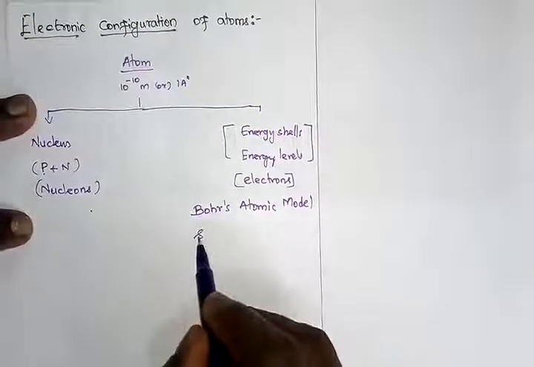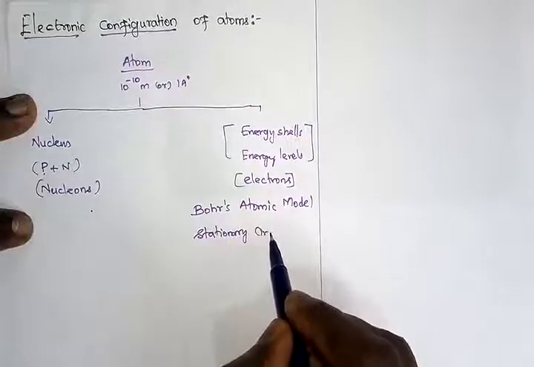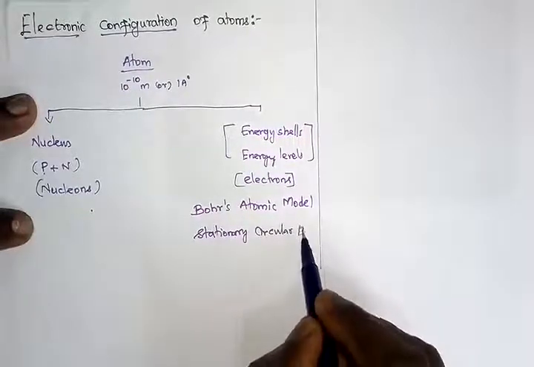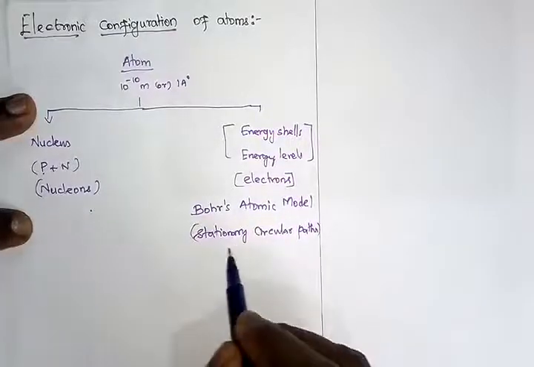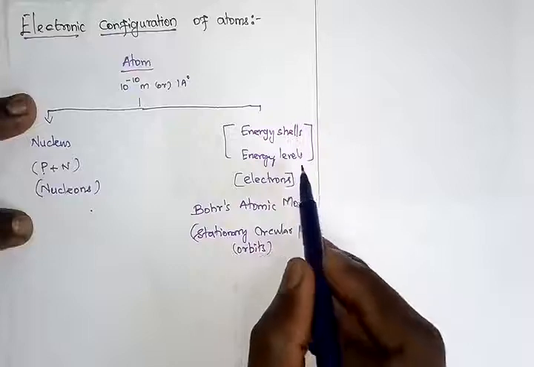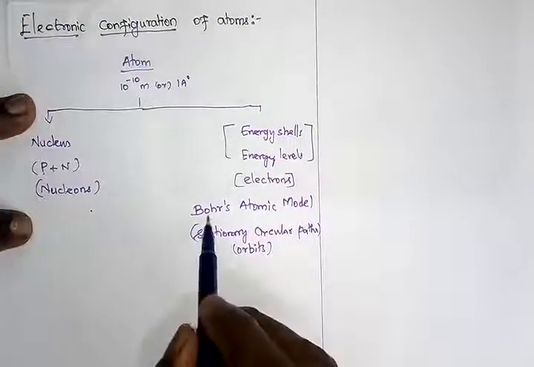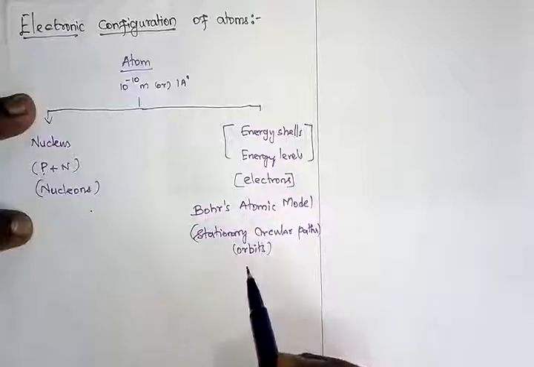He said that stationary circular paths are called orbits or shells or energy levels. This is the idea behind Bohr's atomic model.